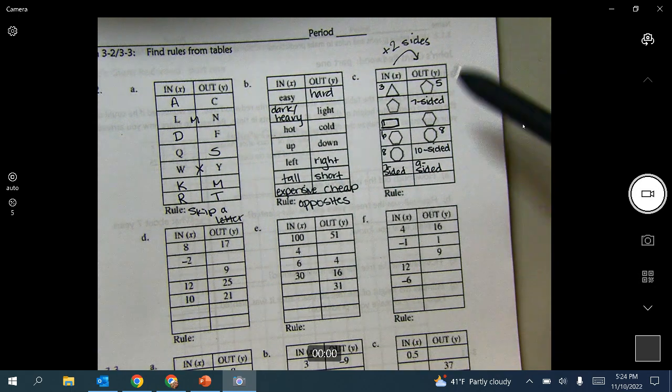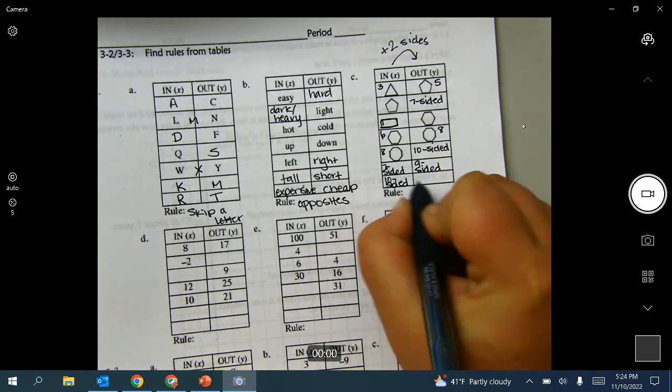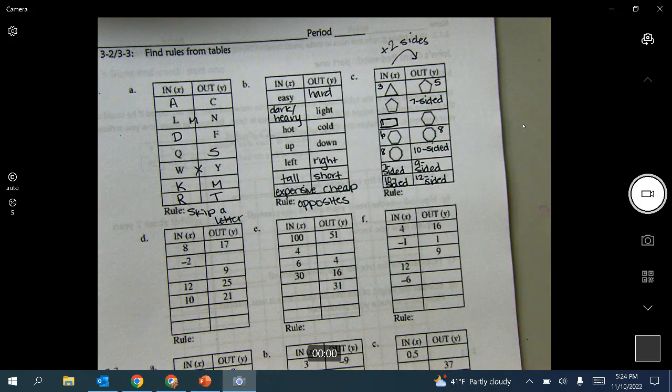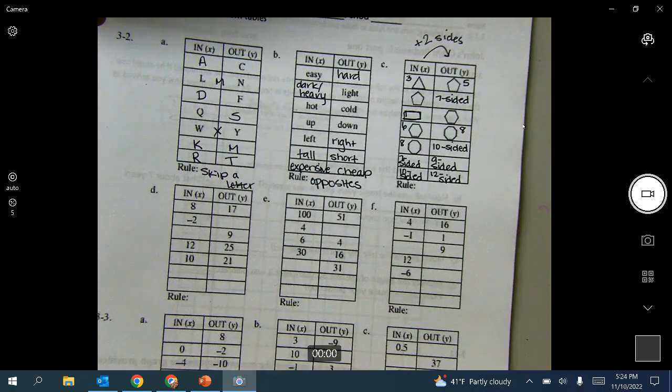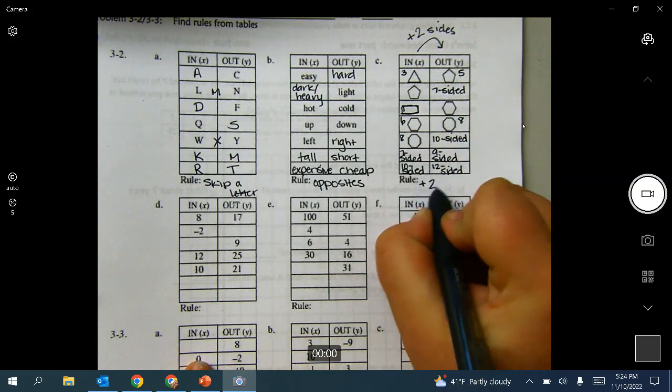All right, let's see, what else don't we have? If I start with a 10-sided figure, which is a decagon, I would end up with a 12-sided figure. And to be perfectly honest, I don't remember what that's called. We don't have to talk about 12-sided shapes very often. All right, so our rule was plus 2 sides.